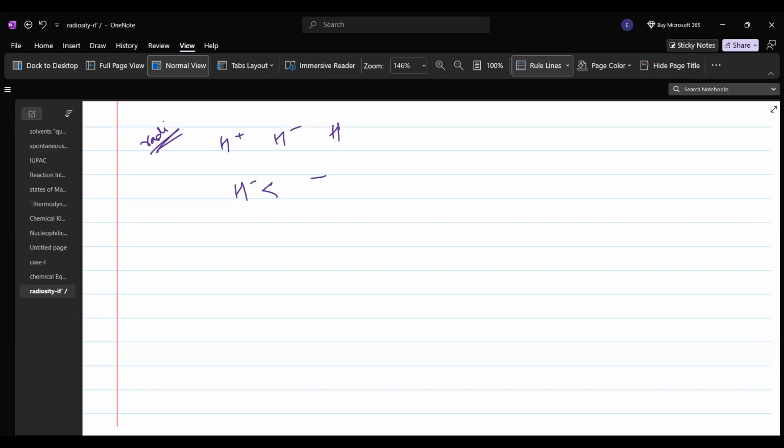Because of the number of electrons. So on increasing number of electrons, does size increase or decrease? And why does it increase or decrease? See, why will always come in chemistry, especially in organic chemistry.